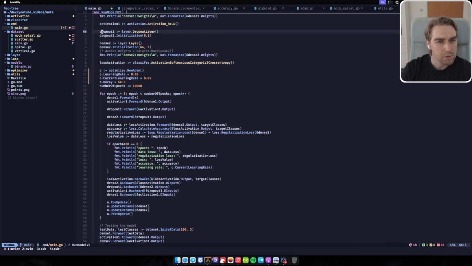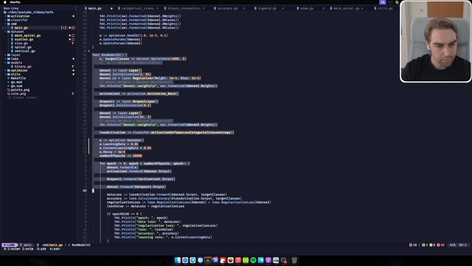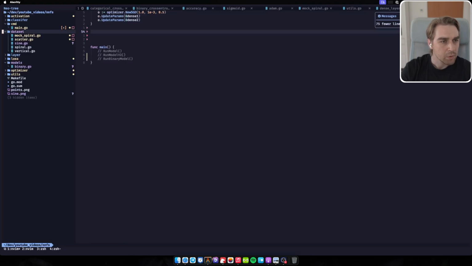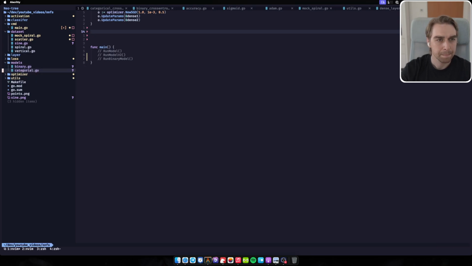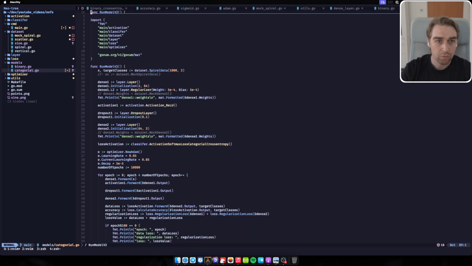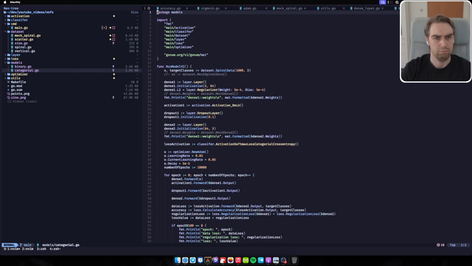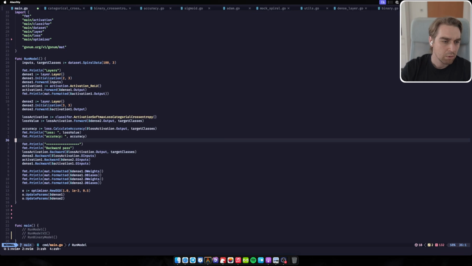Then the next one is, this is actually the categorical, the final version of categorical. Run model. I think I can remove this one.